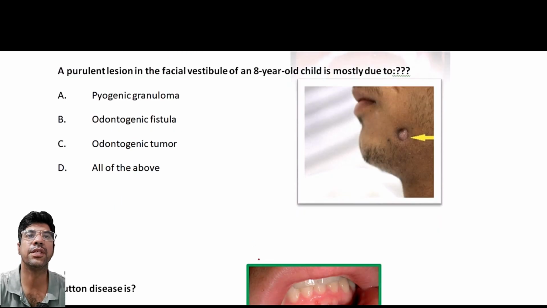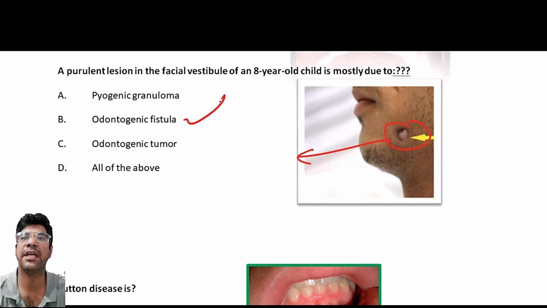Moving to the next question, a purulent lesion in the facial vestibule of an 8-year-old child is mostly due to. Purulent means a pus-filled lesion. It is most likely due to an odontogenic fistula.